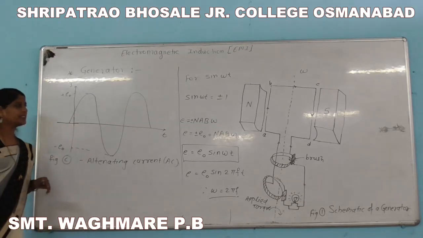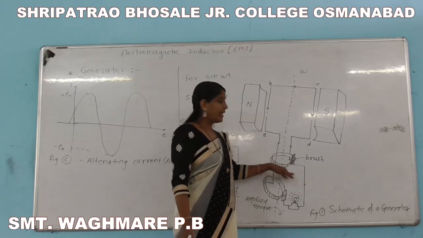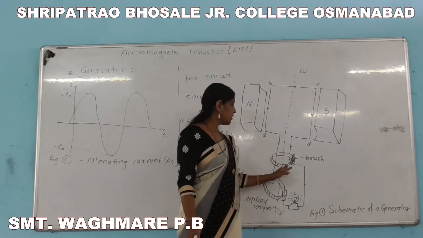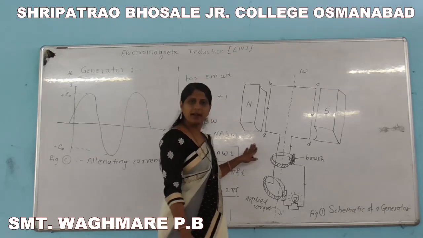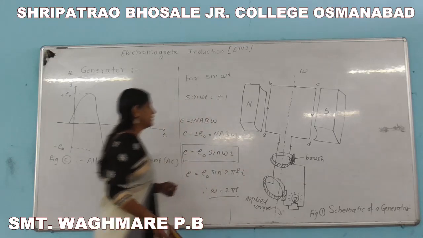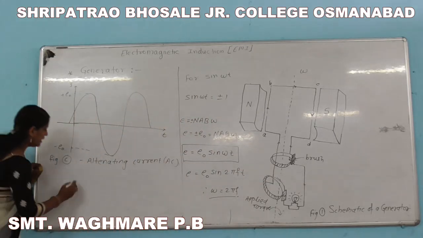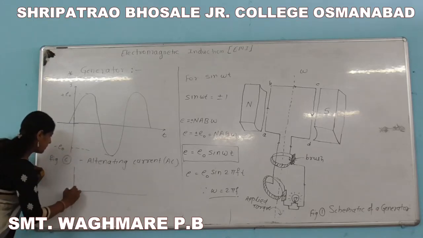And we can change the position of the coil to get a continuously direct current. Then we will get this type of pulses.